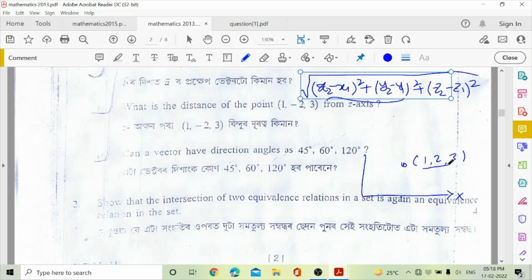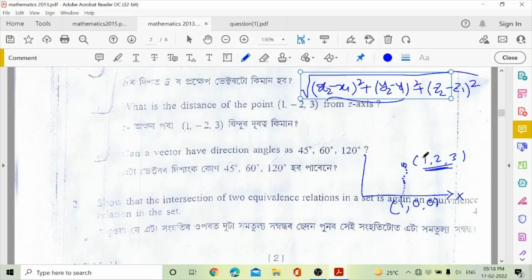We'll consider this point on the x-axis. On the x-axis, the y and z coordinates become 0. That means its corresponding point will be 1, 0, 0. The distance from this point and the distance from the x-axis will remain the same.